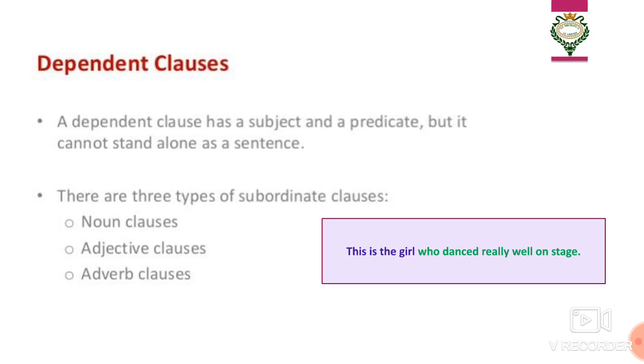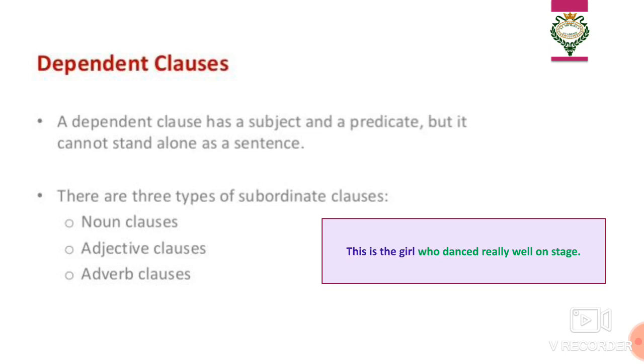A dependent clause is that kind of clause which has a subject and a verb, but it cannot stand alone. To complete its meaning, it is dependent on the other half of the whole sentence, which is usually a principal or main clause.